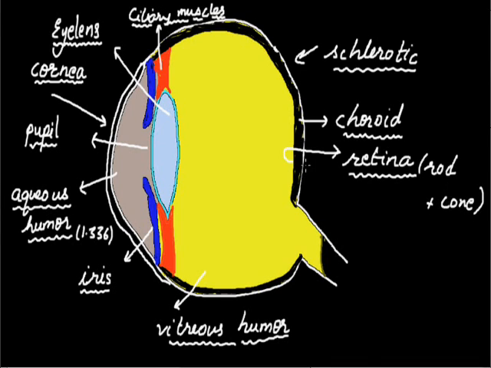When the image is formed on the retina, these cells send that optical signal by converting it into an electrical signal through the optic nerves, which take the signal and connect it to the brain, and finally the brain gives us the sense of seeing an object. So these are the optic nerves.